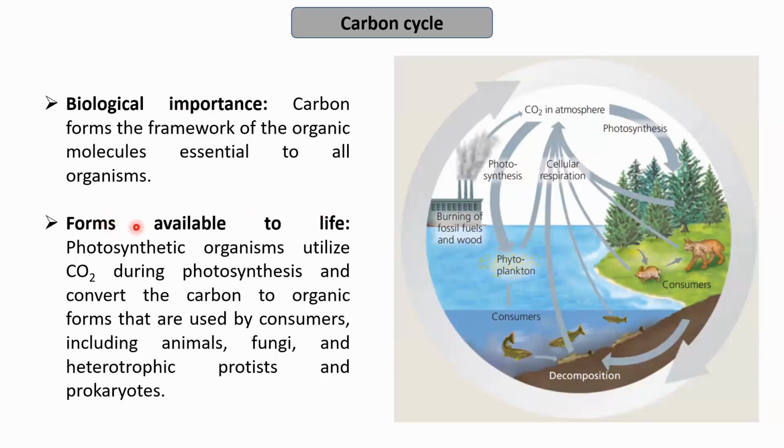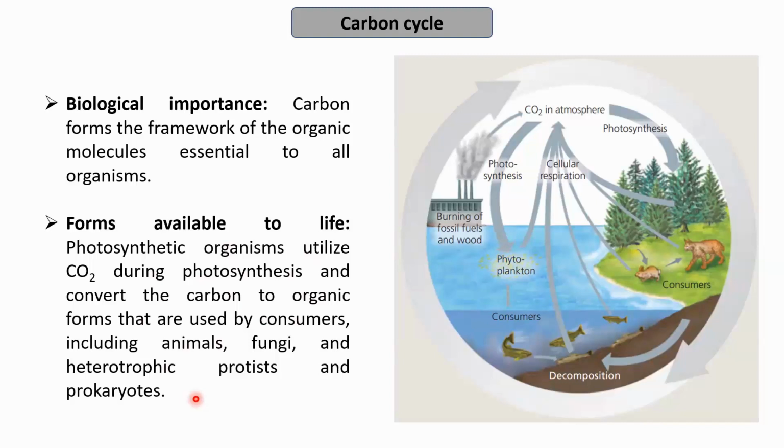Photosynthetic organisms utilize carbon dioxide during the process of photosynthesis and convert the carbon to organic forms, for example, glucose or sucrose, that are used by the consumers, including animals, fungi, and heterotrophic protists and prokaryotes. So most of the carbon is present in the form of carbon dioxide, which is utilized by the photosynthetic plants.